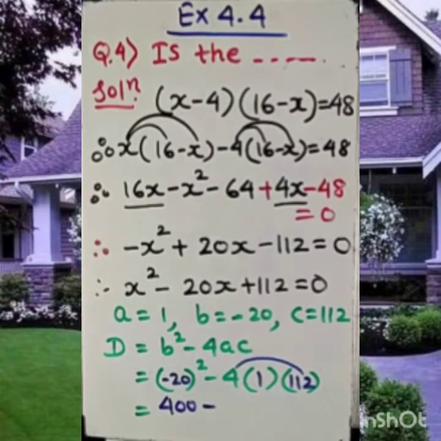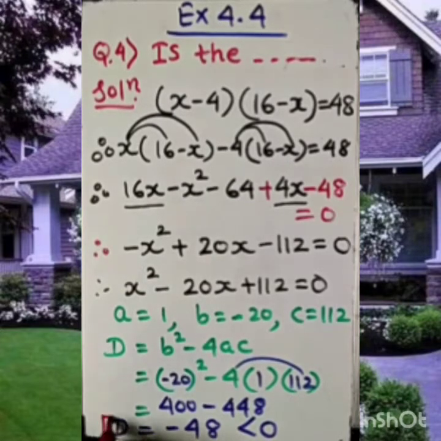If I multiply 112 with 4, then it gives the result 448. Now, if I subtract this, the answer will be negative. The answer will be minus 48, dear student, that is less than 0. Now, in such a case, in the beginning only they have asked, in this situation, the solution of the equation can be possible.